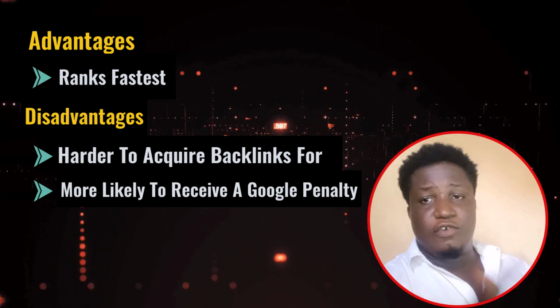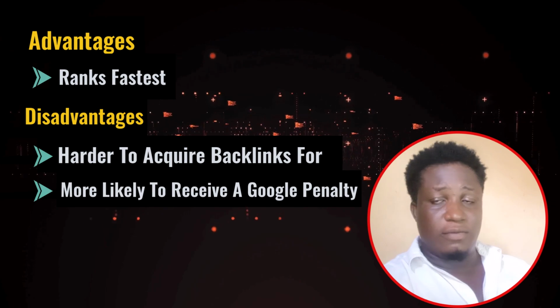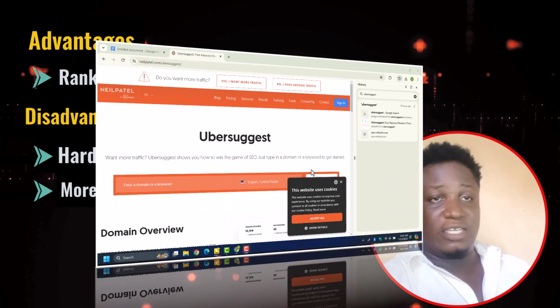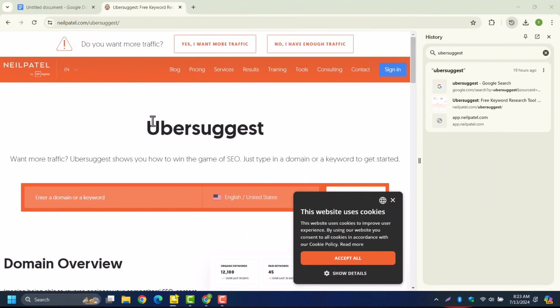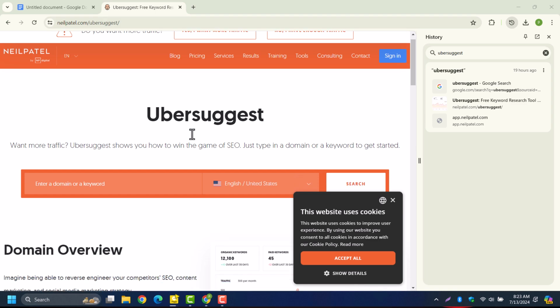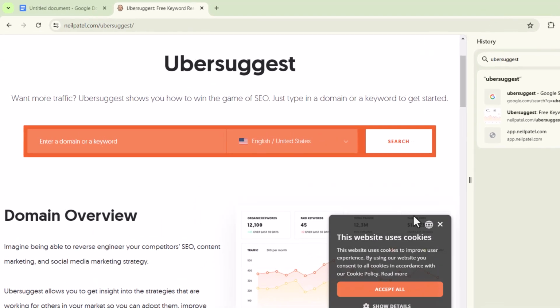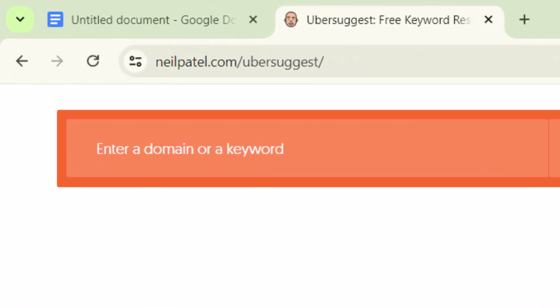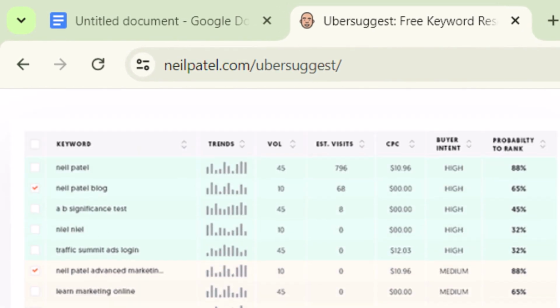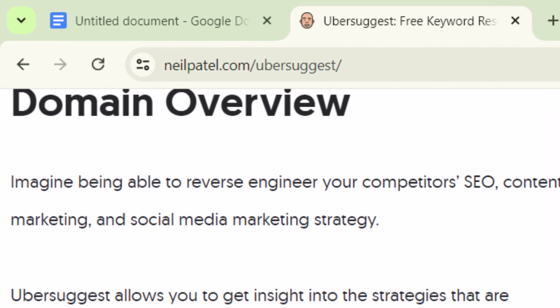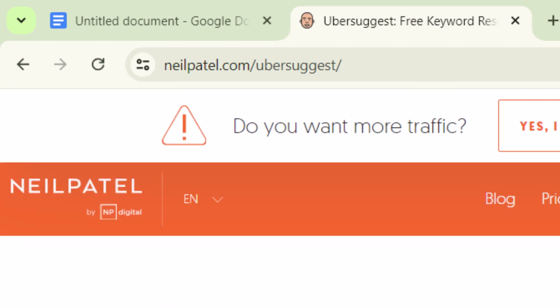For example, if you go to neilpatel.com, that is Uber Suggest, you notice that their brand name is Uber Suggest. They offer SEO services. Uber Suggest haven't really mentioned any SEO related words in their domain name, that which is neilpatel.com.